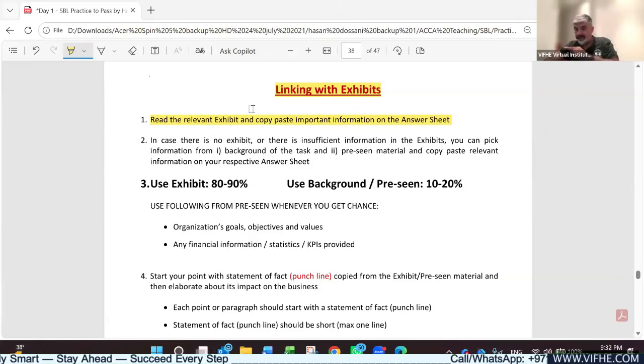First, we will consume the exhibit, and then for the remaining shortfall, we will use pre-seen to add more points. And in the scenario where there is no exhibit, then obviously we will use pre-seen. So the first priority is exhibits first. Everybody clear?